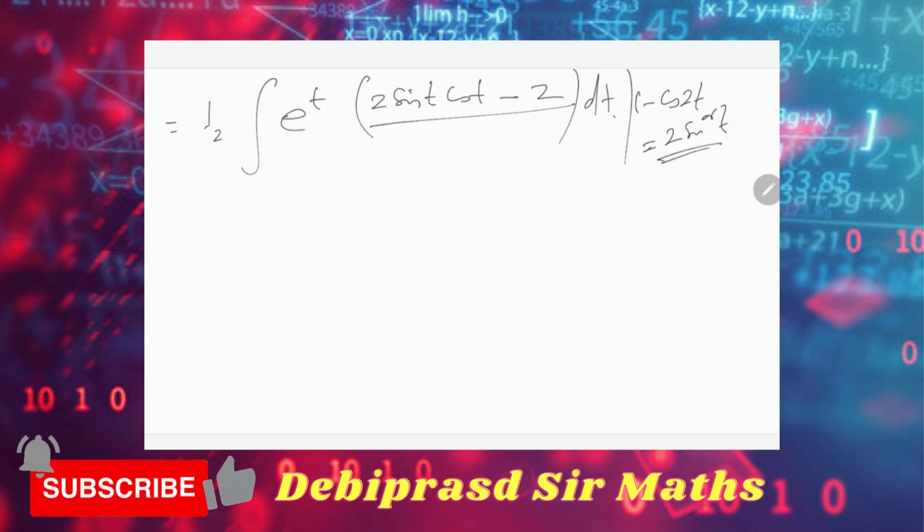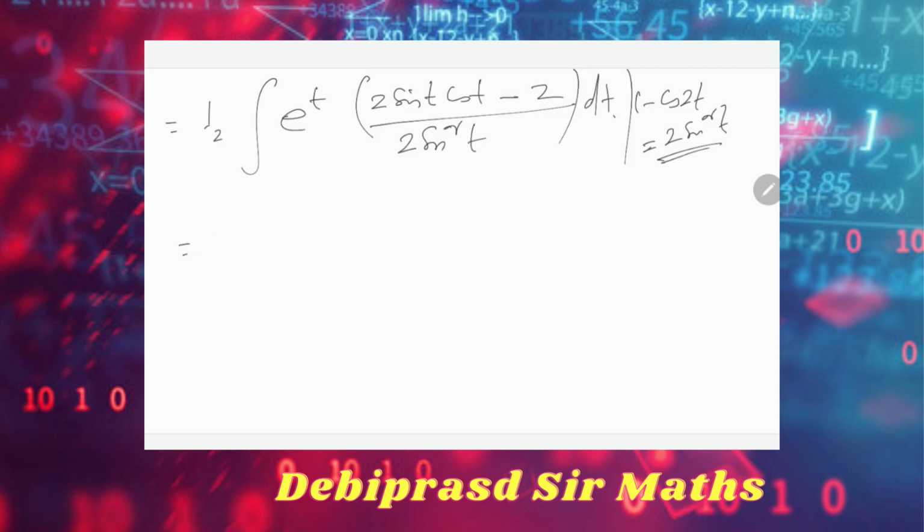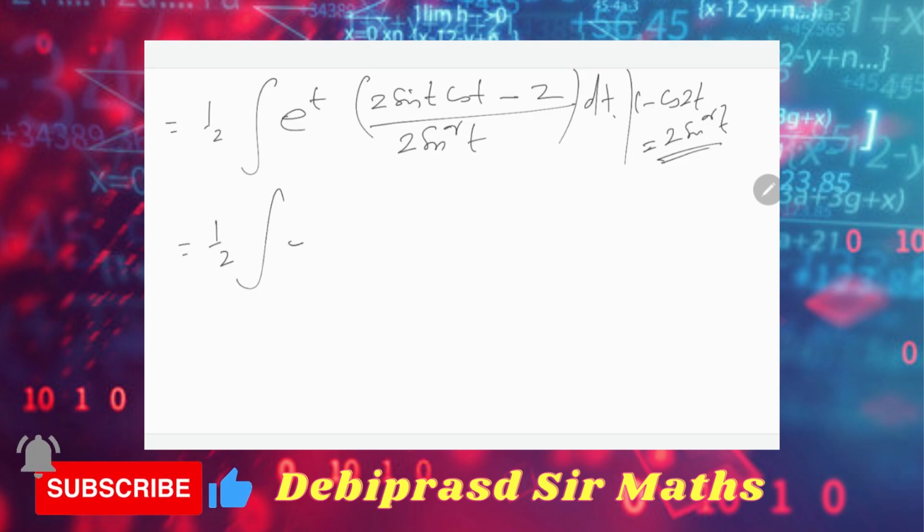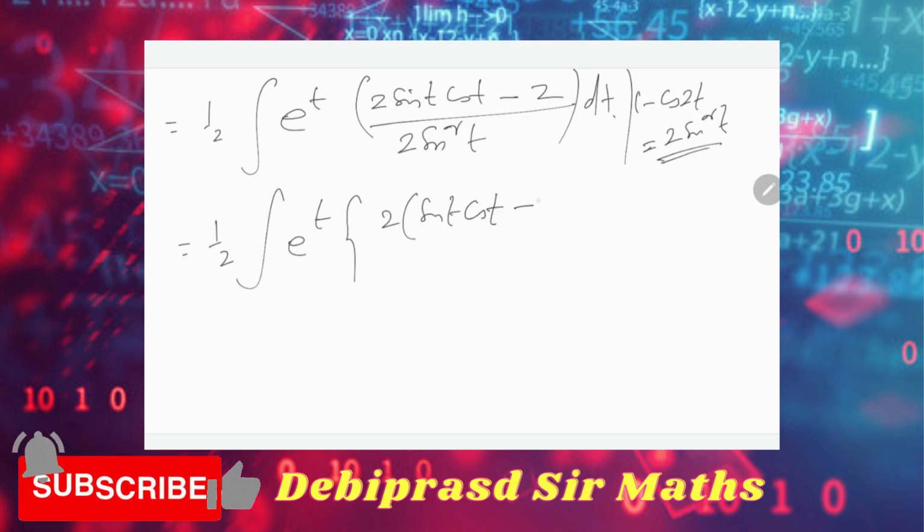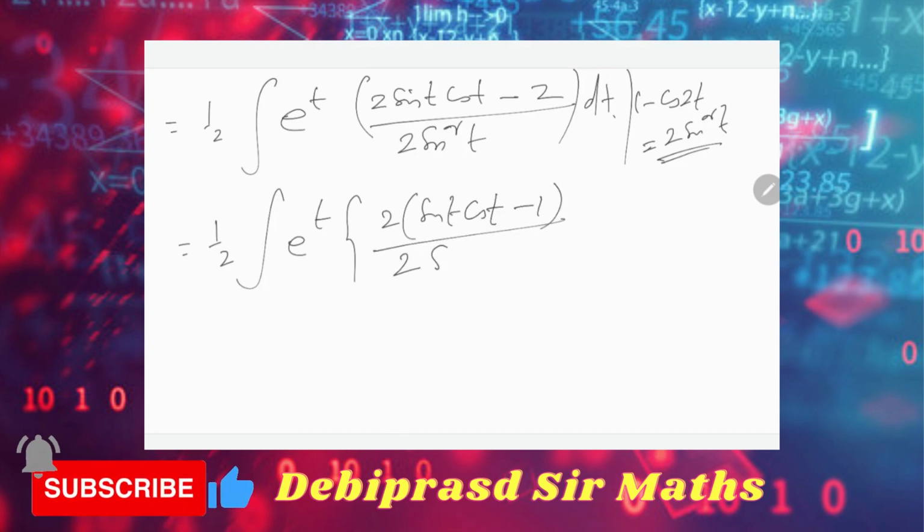So 2 sine square t. Okay. Now from the numerator and denominator 2 will be cancelled. I will show that also. So (2 sine t cos t minus 2) by 2 sine square t.